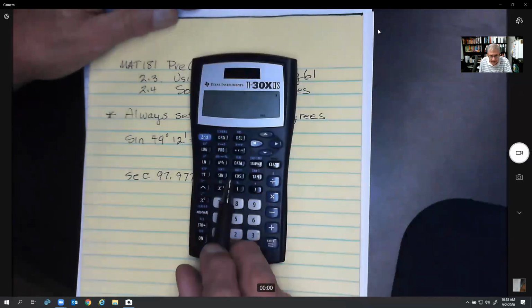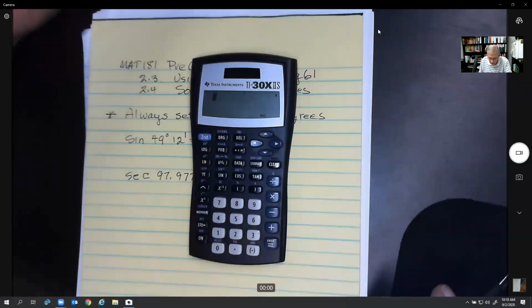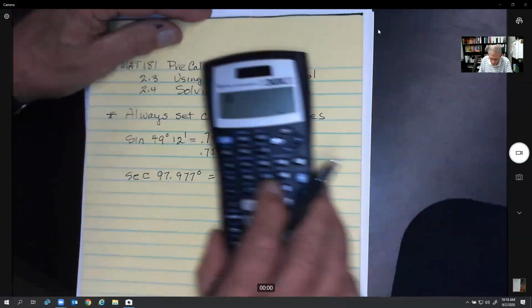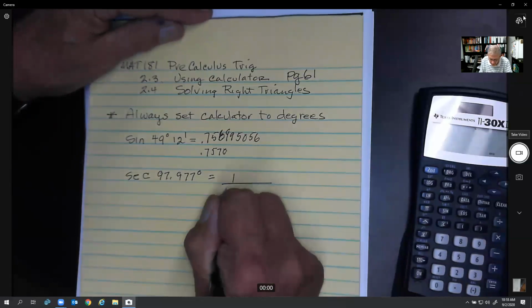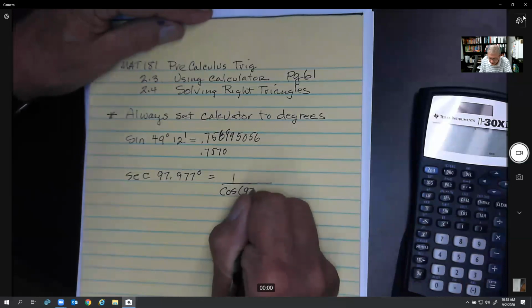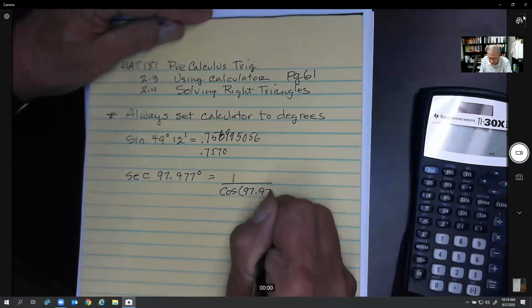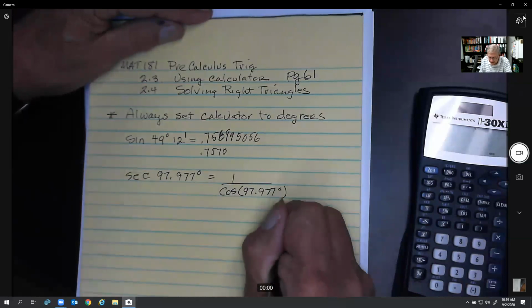If you notice, you only have sine, cosine, tangent. I'm going to find the secant. Well, I remember that the secant is 1 over the cosine. So if I put 1 over the cosine of 97.977, I should be able to find the secant.